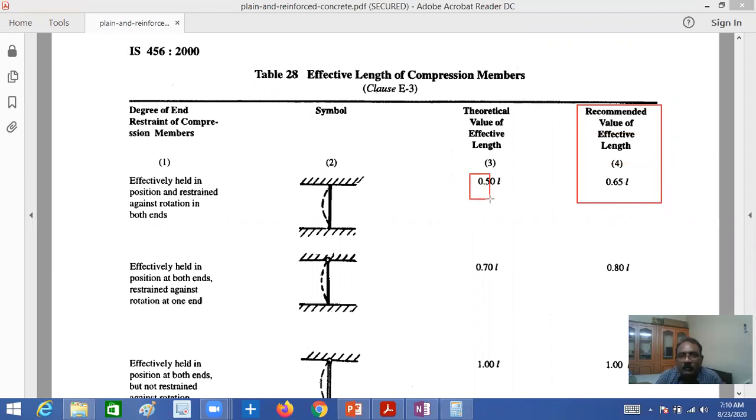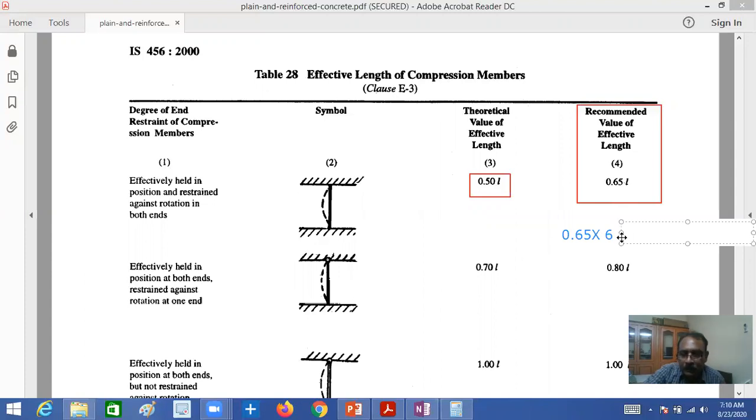Theoretically you can take 0.5, but the codal provision says the recommended value is 0.65 L. As in the previous example, if the column's unsupported length is 6 meters and you calculate 0.65 into 6 meters, that is 3.9 meters.